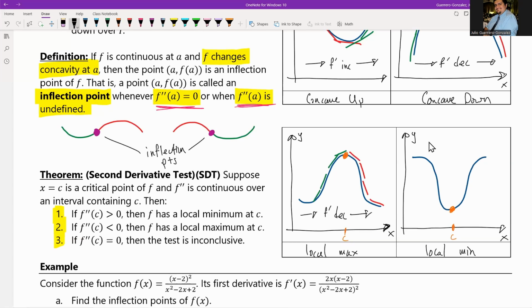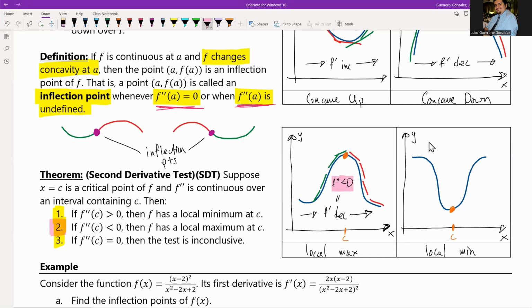We go from positive slopes to negative slopes, which means f prime is decreasing. This is equivalent to saying f double prime is less than 0. That gives us number 2, that one.